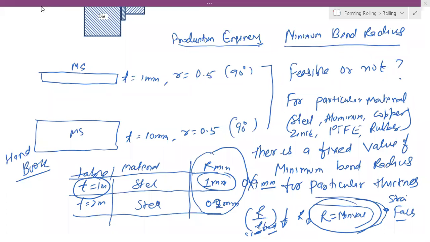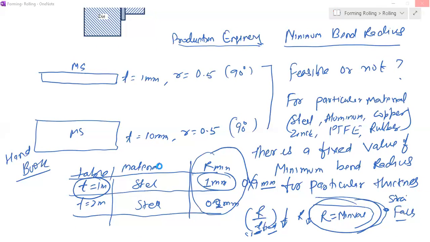Somebody asks you, so you can say minimum bend radius depends on the material, minimum bend radius depends upon the thickness, right? Material is soft or hard or brittle. Suppose if I ask you cast iron, what is the minimum bend radius? You cannot bend cast iron. Can you bend bronze?